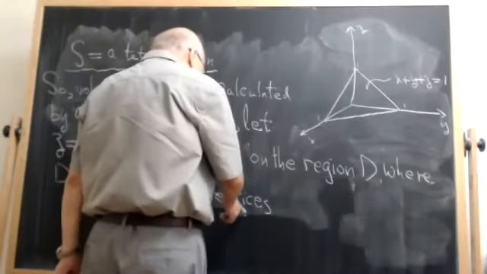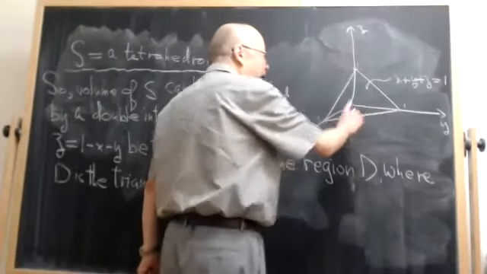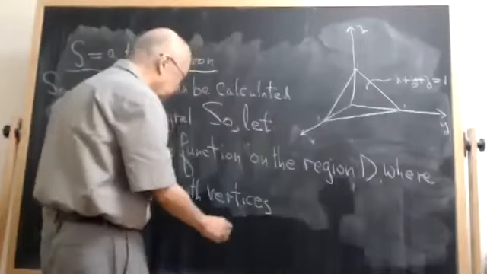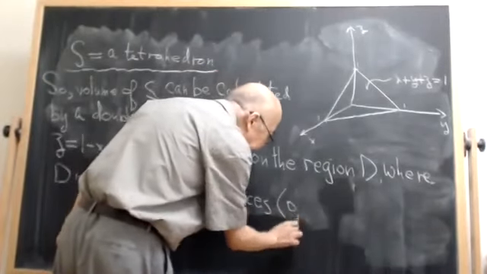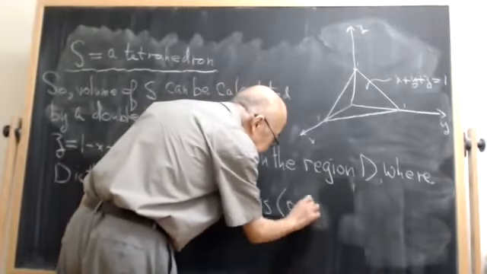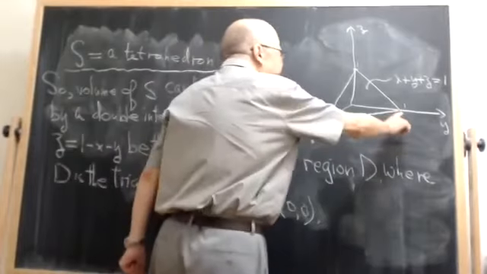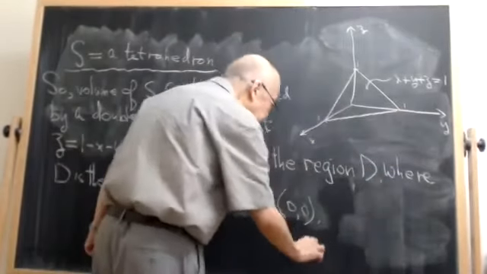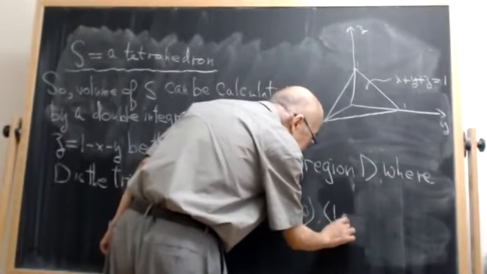Now, the vertices are actually the corners of the triangle. So it's 0, 0. And then 1, 0.